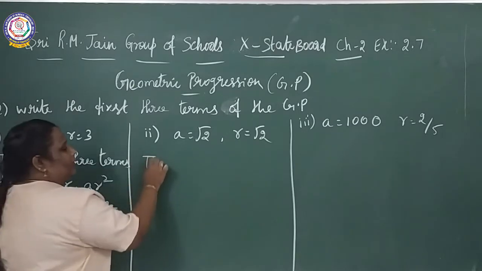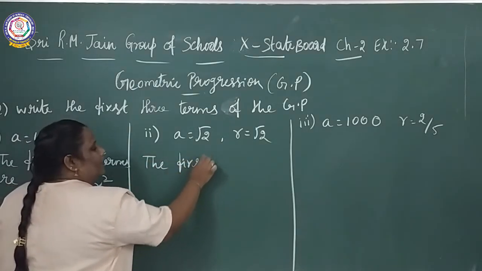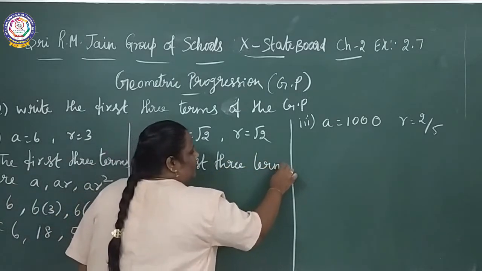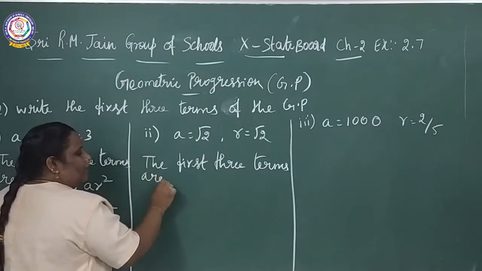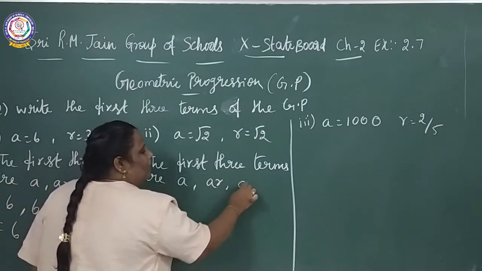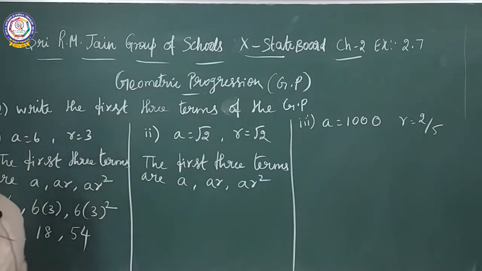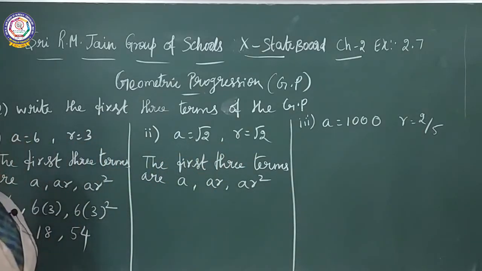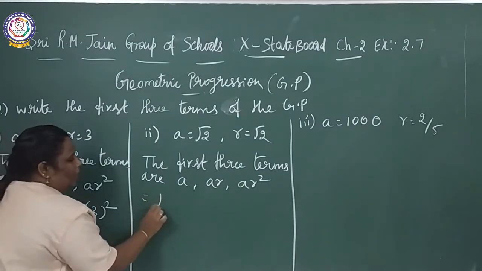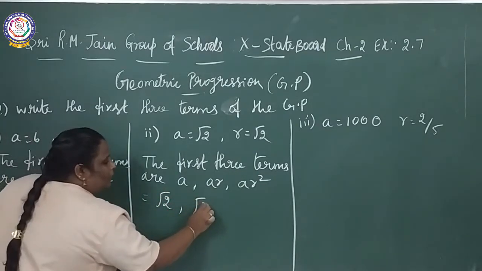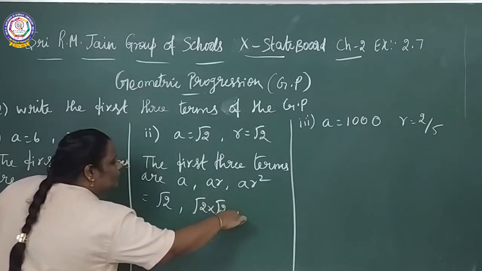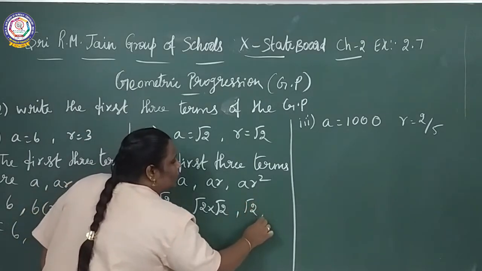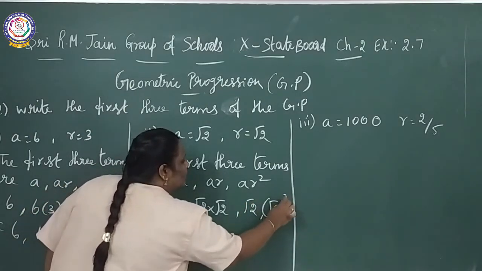Same thing. The first three terms are a, ar, ar square. This is the first term and this is the common ratio r. So it gives root 2, root 2 into root 2, root 2 into root 2 the whole square.